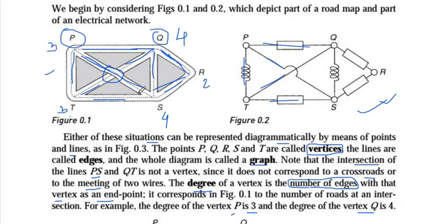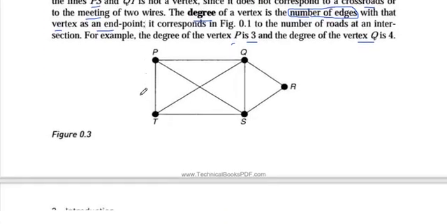So the degree of P is 3, Q is 4, T is 3, S is 4, and R is 2. So in this point we have discussed 4 definitions: vertices, edges, the whole diagram called a graph, and degree of a vertex.